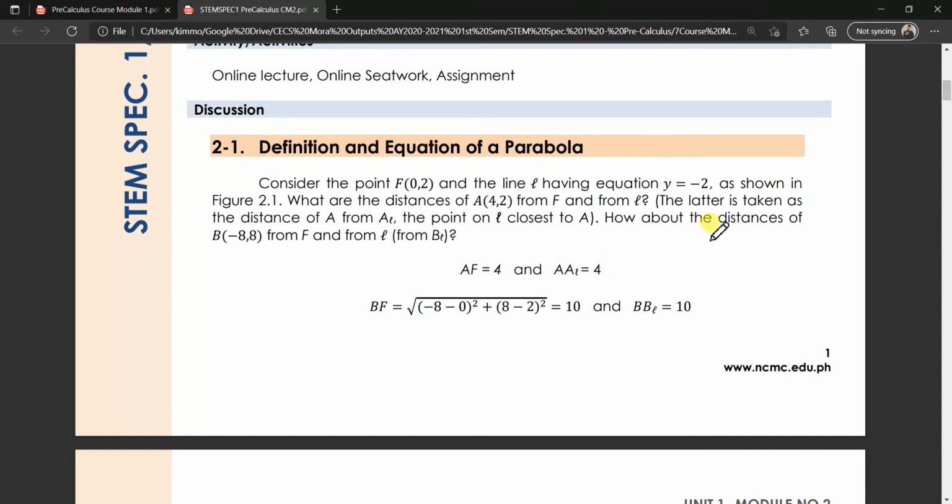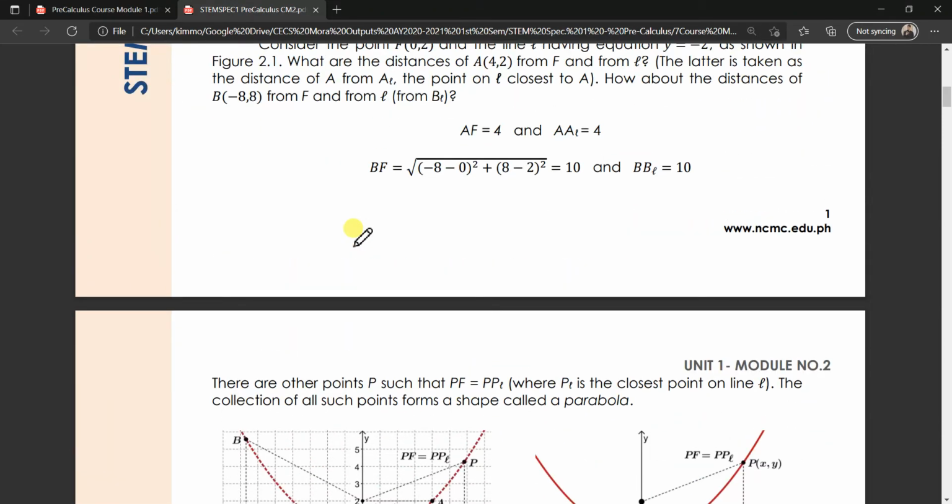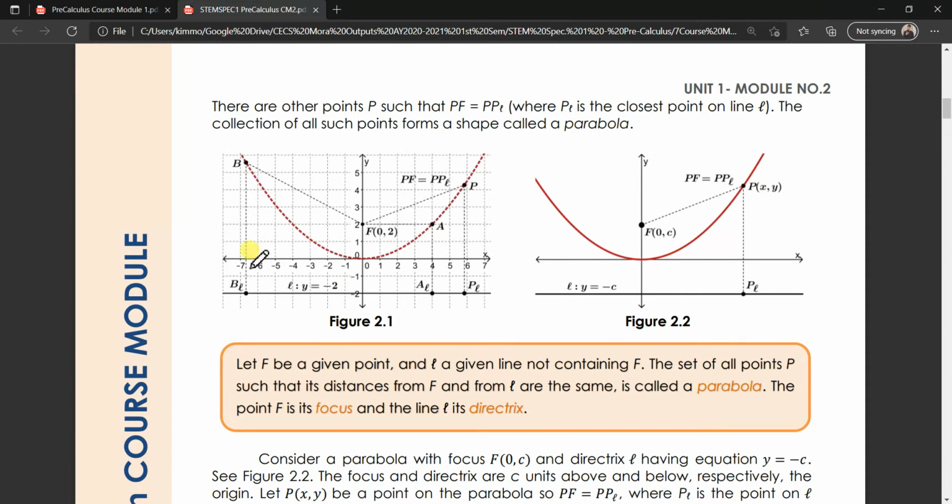So how about the distances of our point B, which is located at negative 8 for x and positive 8 for y, from our F and our line? Negative 8 for x is located somewhere here. Negative 7, then after that is negative 8.